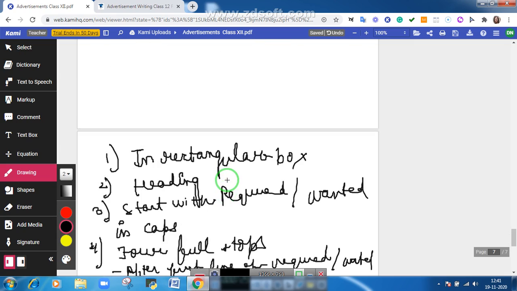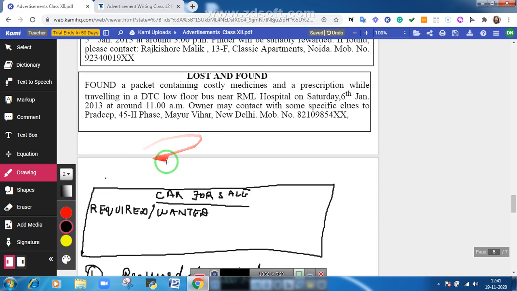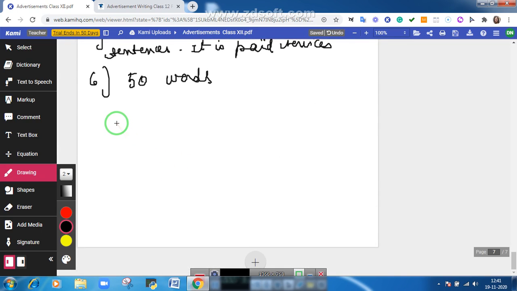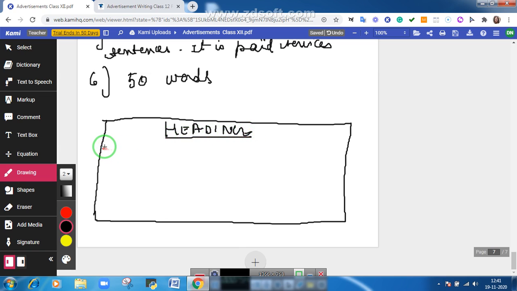So you have to remember that these are all the things that you have to write. You have to write in a rectangle, and this is the heading first in capitals. Again here, required or wanted in capital, and then you start.